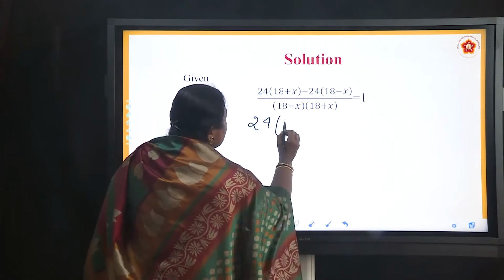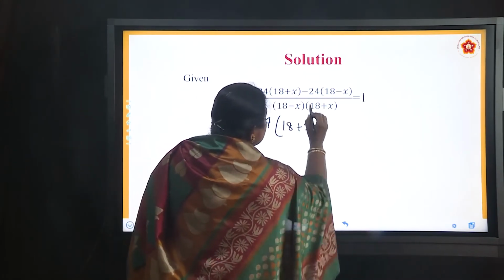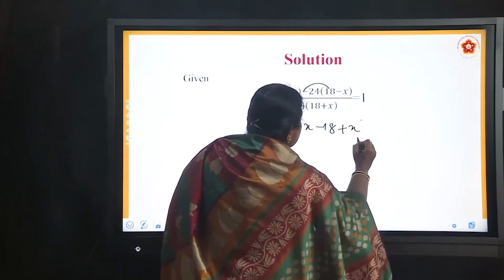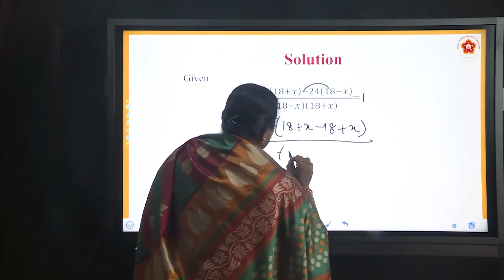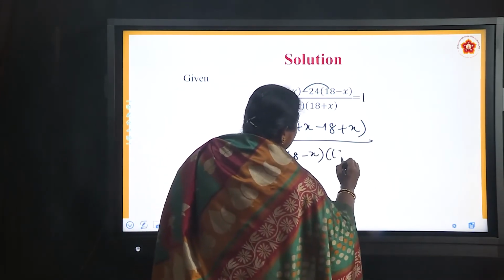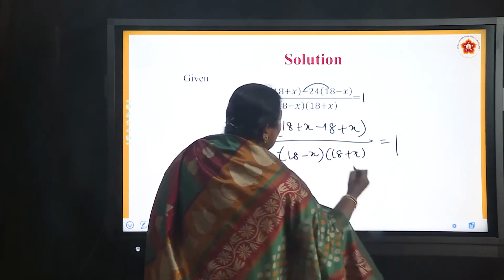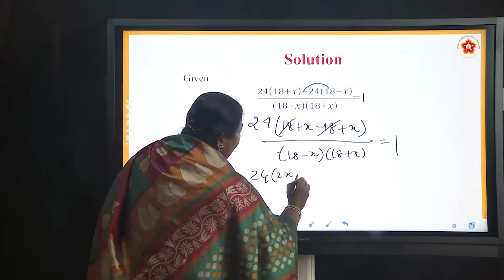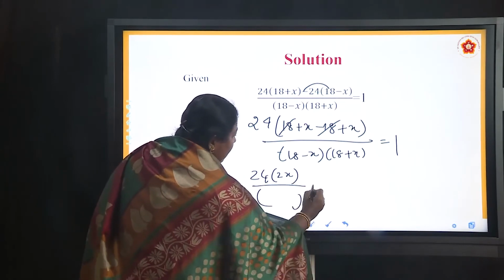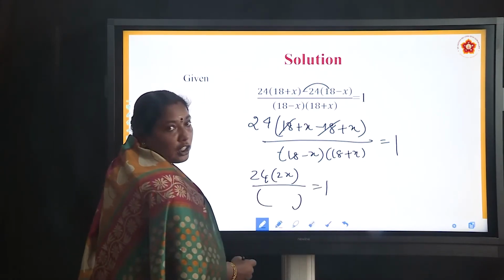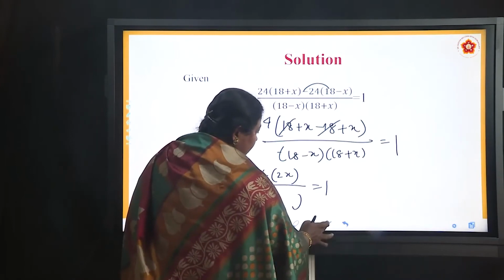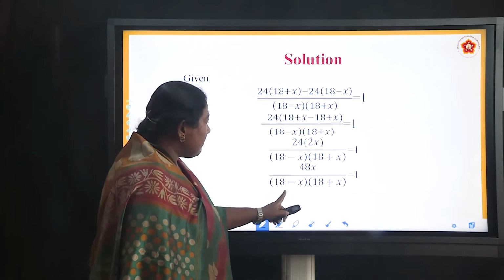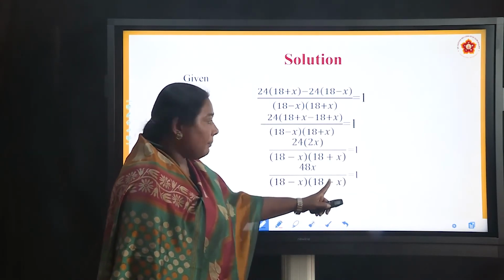Take the 24 out. 18 plus x minus 18 plus x, divided by 18 minus x, 18 plus x, is equal to 1. So plus 18 minus 18 gets cancelled. So it is 24 into 2x divided by the same part, which is equal to 1. So it becomes 48x by 18 minus x, 18 plus x, the LCM part, which is equal to 1.